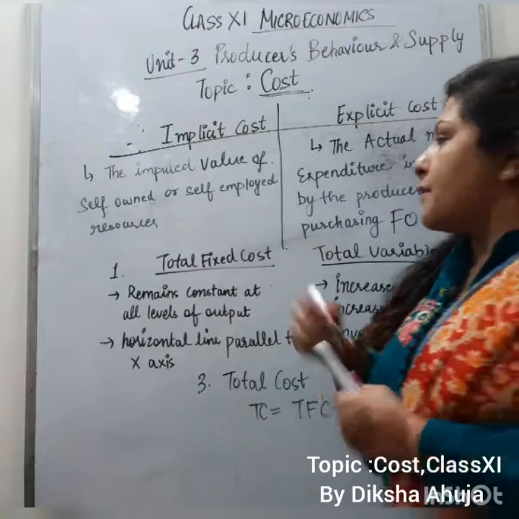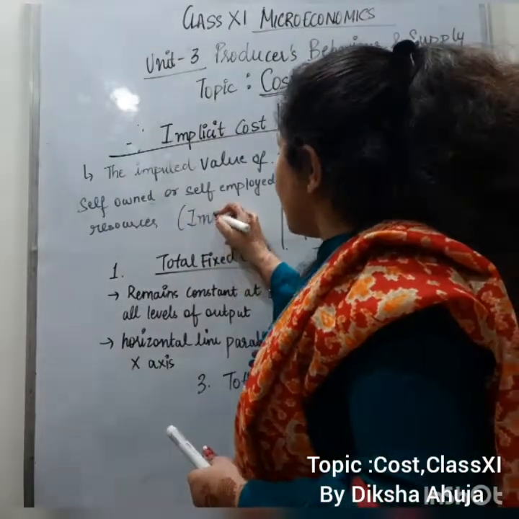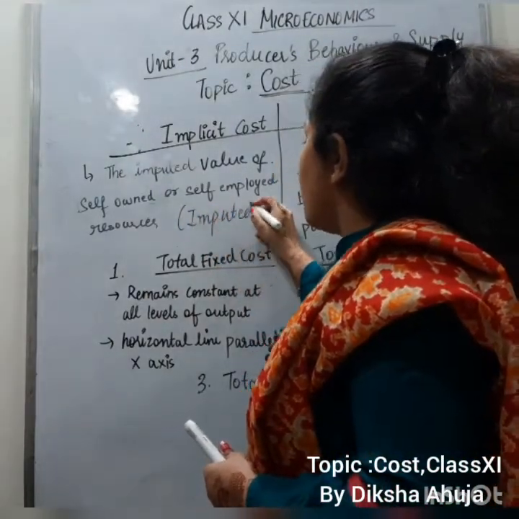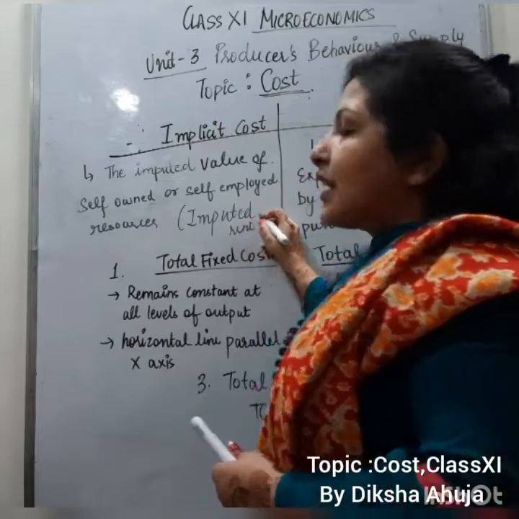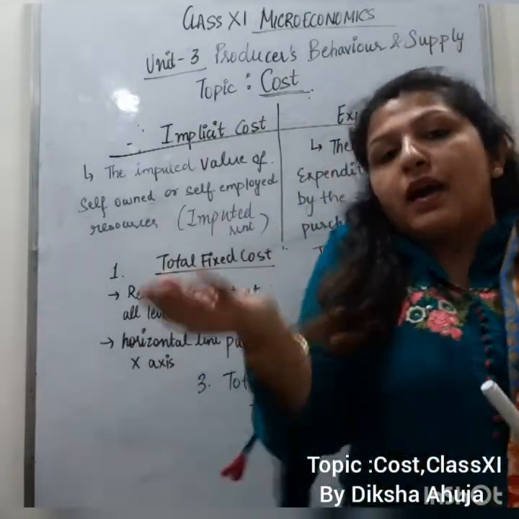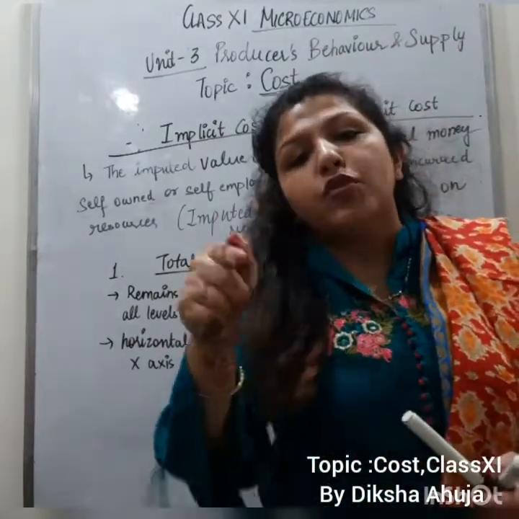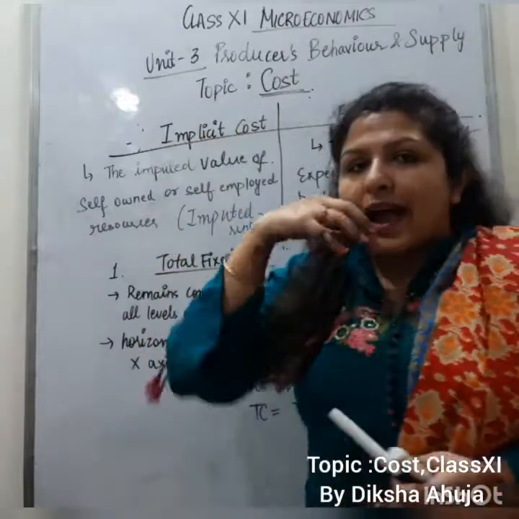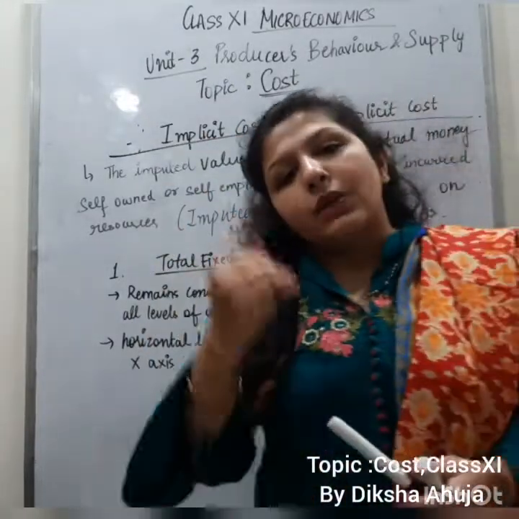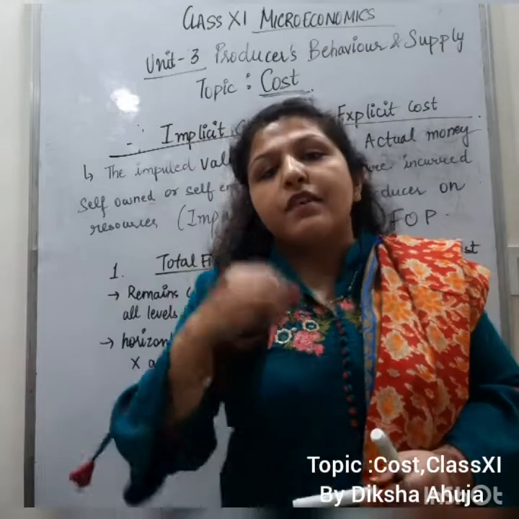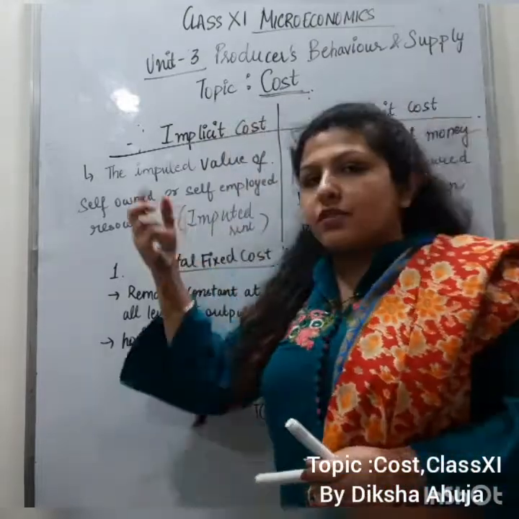You can say imputed rent. Imputed rent means I'm working in my own factory, but still I will imagine that if that factory wasn't mine, then how much rent I would have to pay. So it is not an actual cost, but yes, it is included while calculating cost because we have the value of self-owned or self-employed resource.